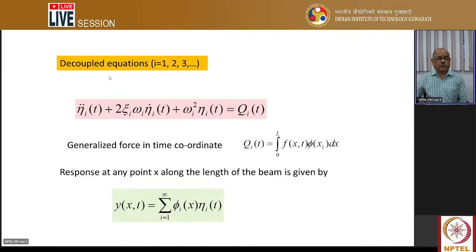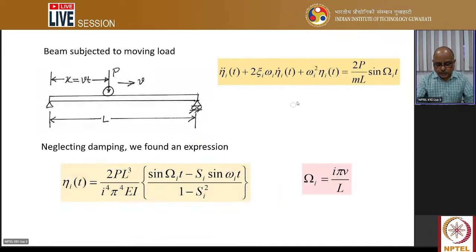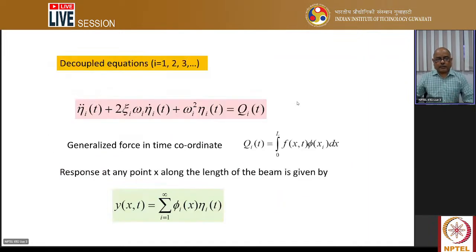So decoupling the equation by making use of orthogonality conditions and the mode superposition technique, we get the equation for a particular mode, the ith mode. Here i can vary from 1 up to an infinite number of modes. But we have to truncate, because we cannot sum up to infinity.